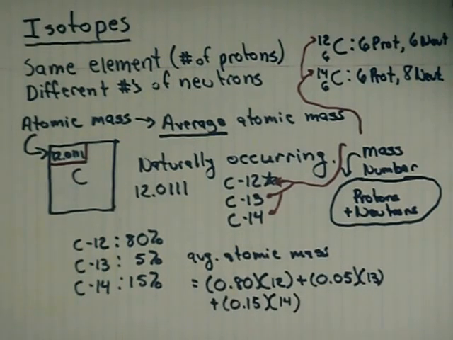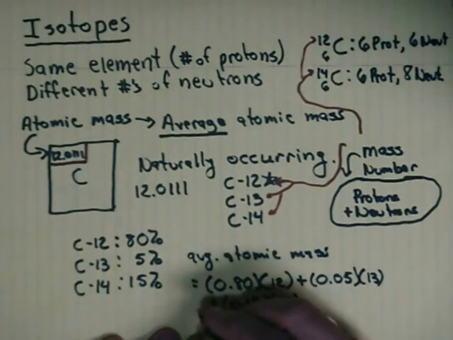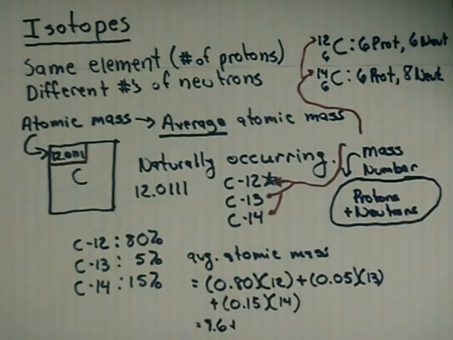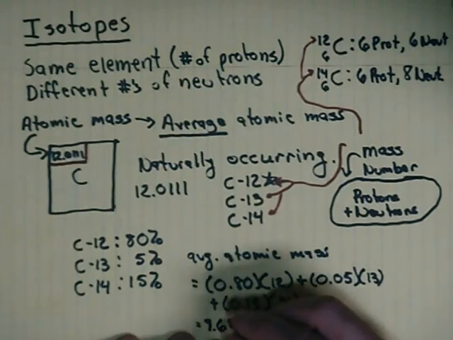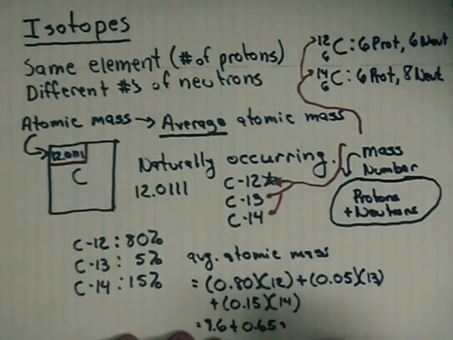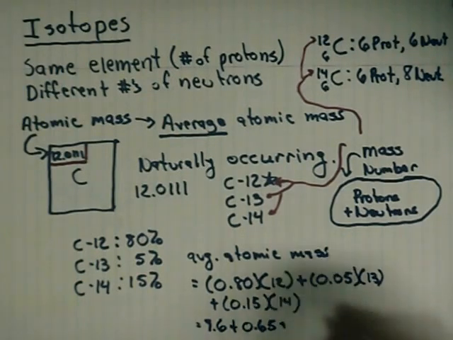So we punch that into the calculator, or we'll just do it step by step. First, 0.8 times 12 gives us 9.6. 0.05 times 13 gives us 0.65, and then 0.15 times 14 gives us 2.1.